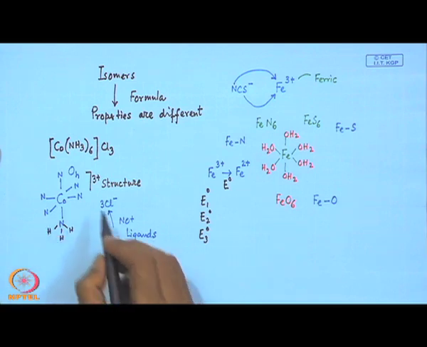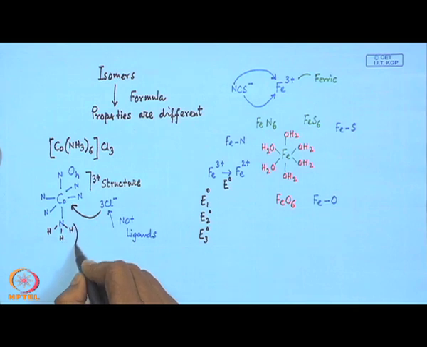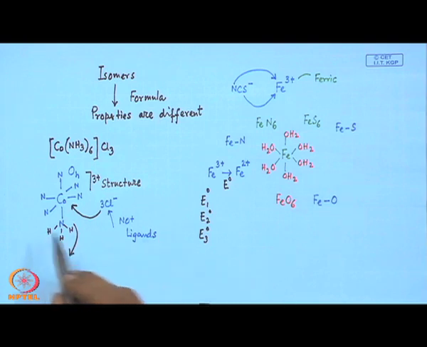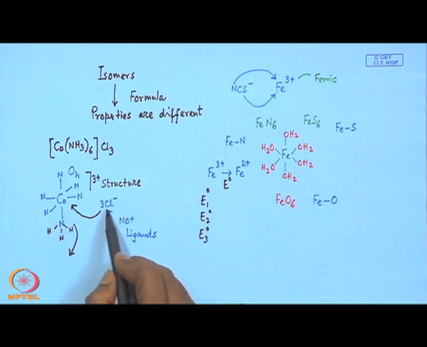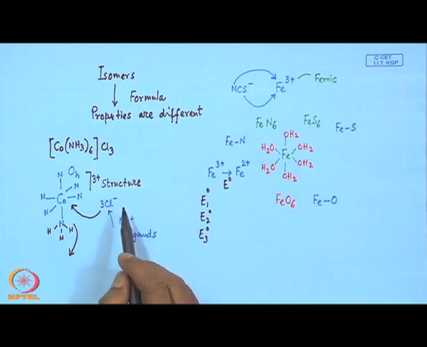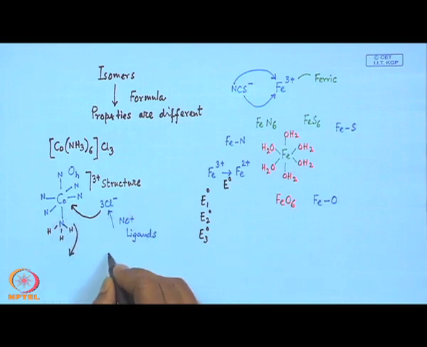Then if one after another these Cl minus groups can enter into the coordination sphere and these ammonia groups can go out from the coordination sphere, we can have different arrangements where fewer cobalt nitrogen bonds would be present and fewer ammonia molecules will be surrounding the cobalt center, and the chlorides which were present outside the coordination sphere can come and attack the cobalt center, forming cobalt chlorine bonds.